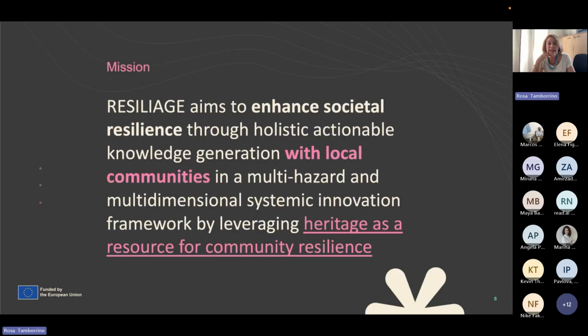And our mission is to enhance societal resilience through holistic actionable knowledge generated with local communities. For this purpose, we consider multi-hazard systemic innovation methodologies in order to focus on how we can leverage heritage as a collective resource for community resilience.